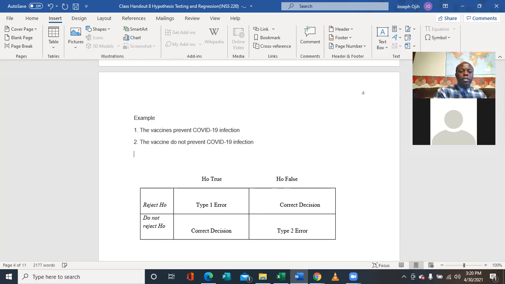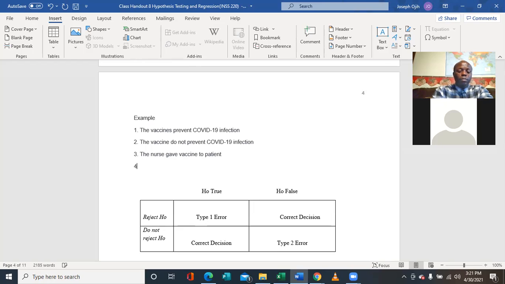And the third scenario is the nurse gave the vaccine to the patient. It's injected vaccine to patient.